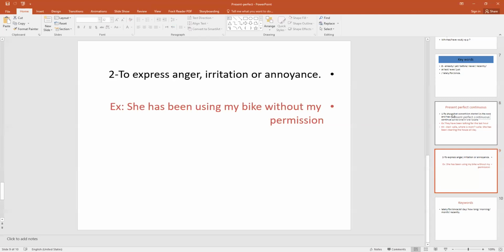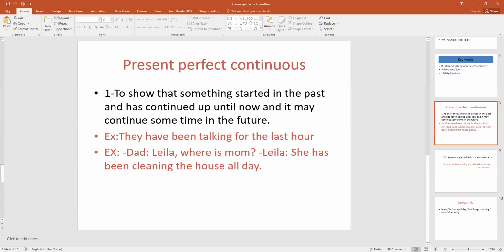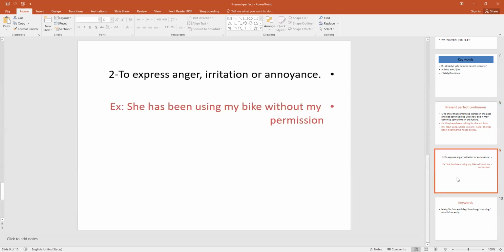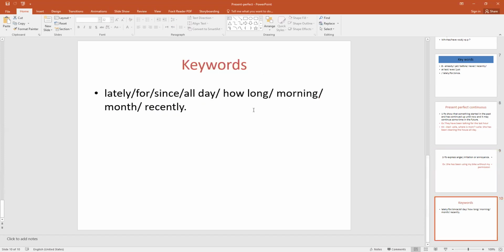Let's see this again: to show that something started in the past and has continued up till now, and it may continue sometime in the future. We don't know. Number 2, to express anger, irritation, or annoyance. What are the keywords? We have some tricky keywords, which are the same for present perfect and present perfect continuous.